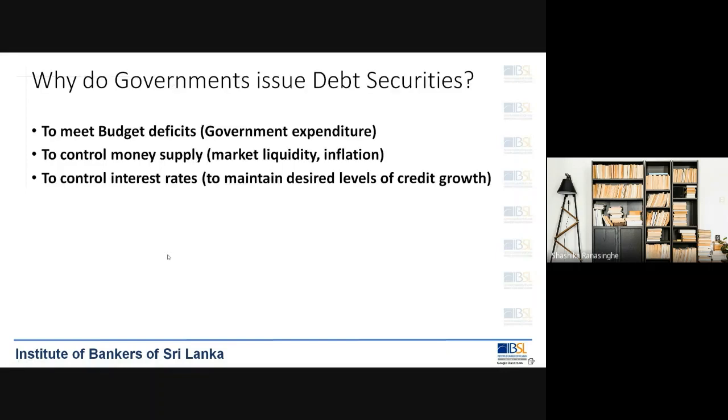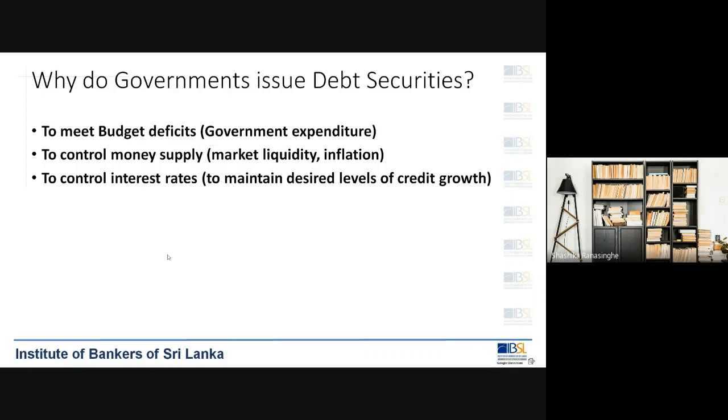And why do governments issue debt? One is to borrow. If a government has a borrowing requirement, they will issue debt securities to borrow. So government borrowing requirements are matched using treasury bills and bonds. Then to control money supply.